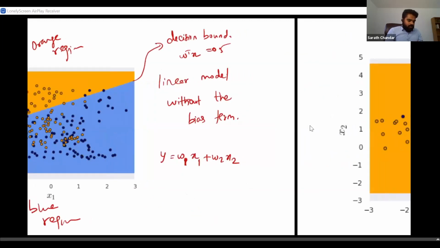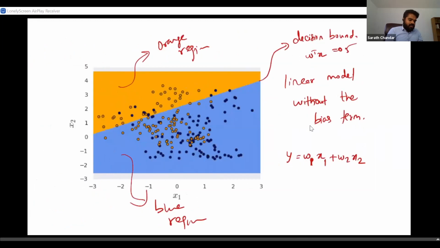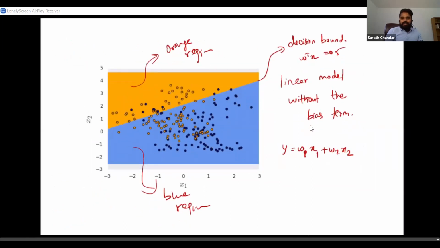Now you can see that this model has a lot of error. Just by looking at this graph, you can say that a lot of orange circles are wrongly classified as blue, and a few blue circles are wrongly classified as orange. The error of this model is so high.